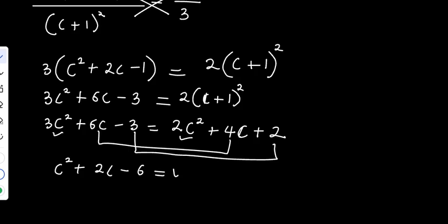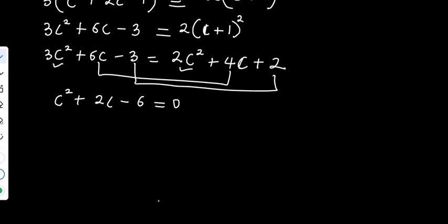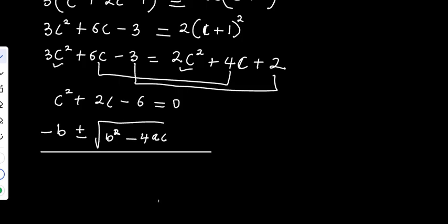So bringing like terms, we are going to have c squared plus 2c minus 5 equal to 0. And now we are going to apply the general quadratic formula, which says minus b plus or minus the square root of b squared minus 4ac, divided by 2a.